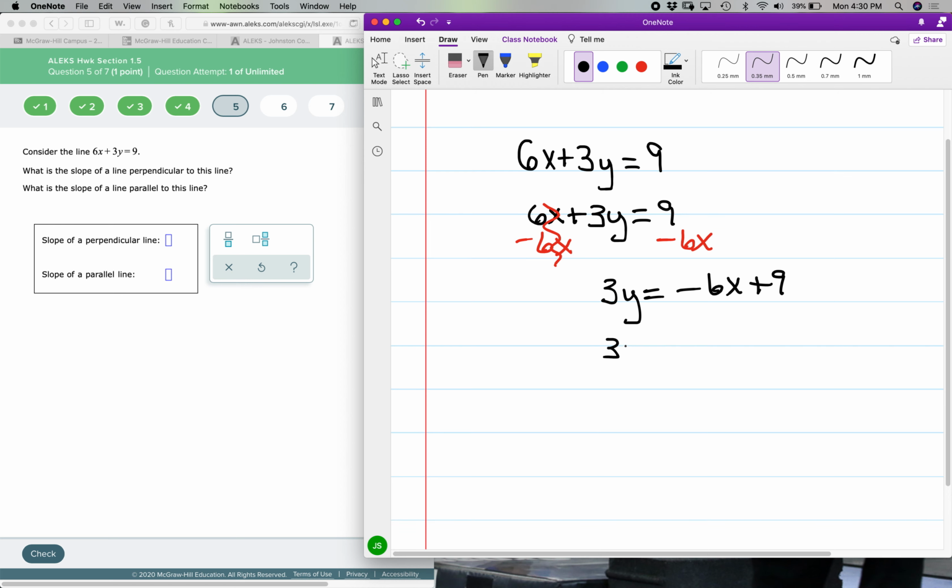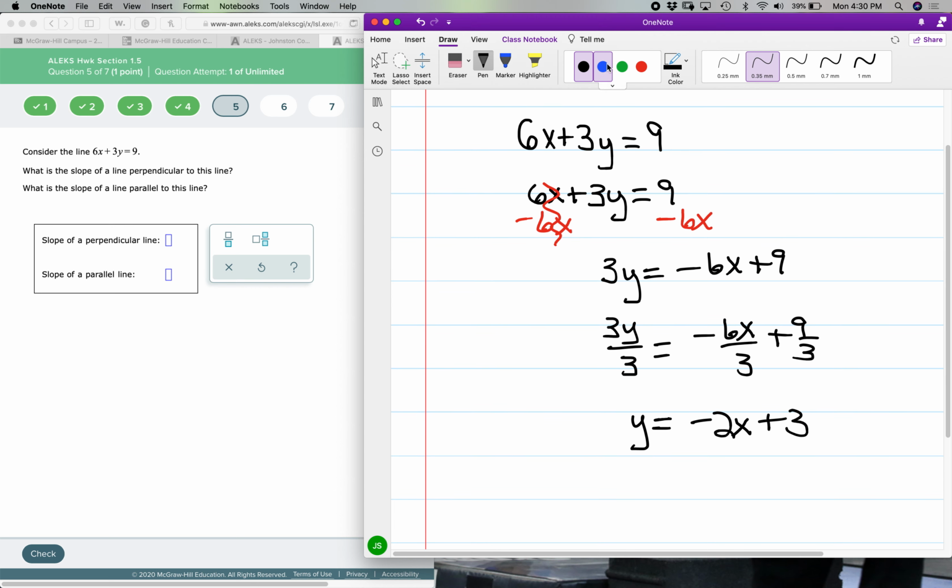Dividing by 3, 3y over 3 is equal to -6x over 3 plus 9 over 3. 3y over 3 becomes y, -6x divided by 3 becomes -2x, and we have plus 3. So for this line, the slope m is equal to -2.